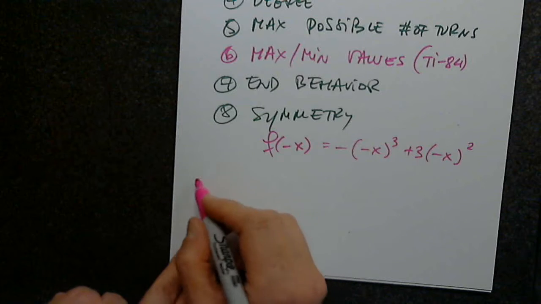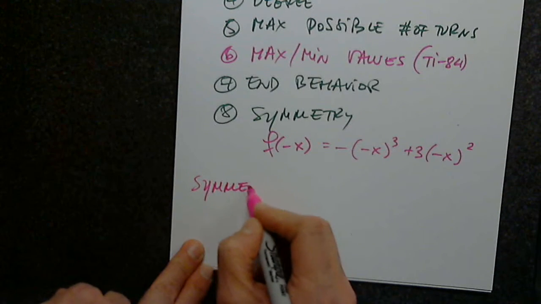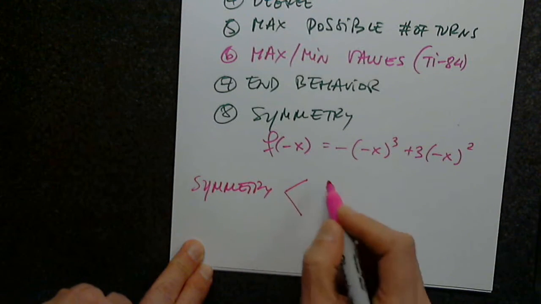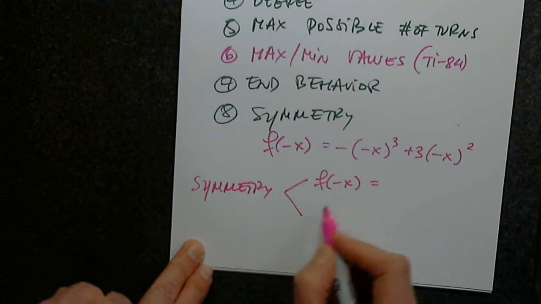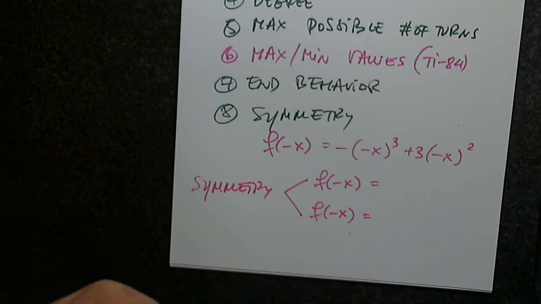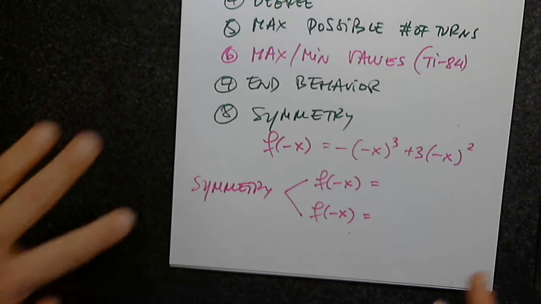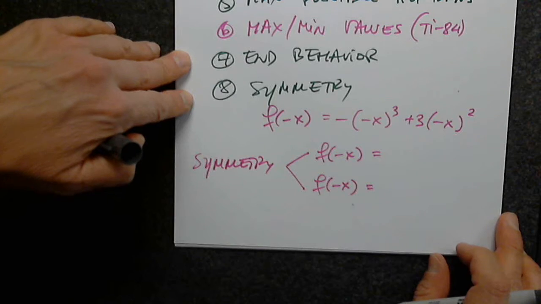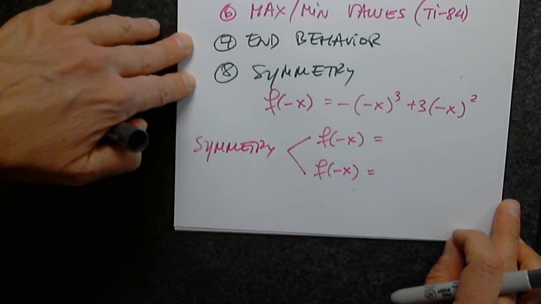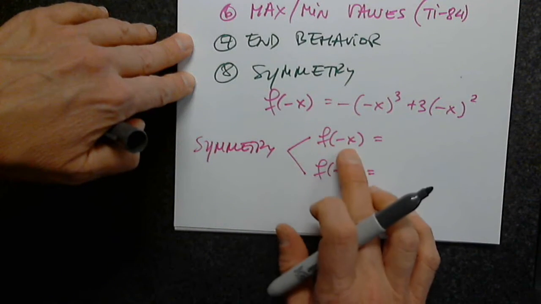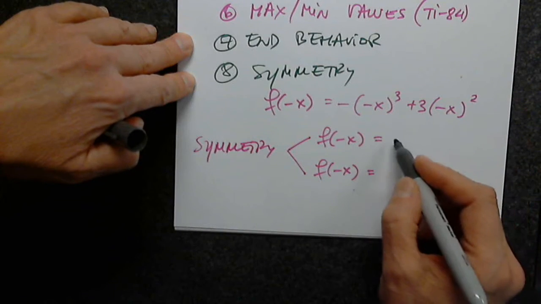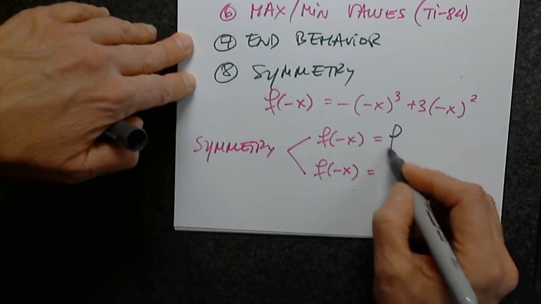Let me refresh your memory about the symmetry. Functions have 2 types: when f of negative x equals f of x, and when f of negative x equals something else. Do you remember the first one or the second one? It doesn't matter which one you want to start with. I know it was a long time ago. f of negative x equals f of x.